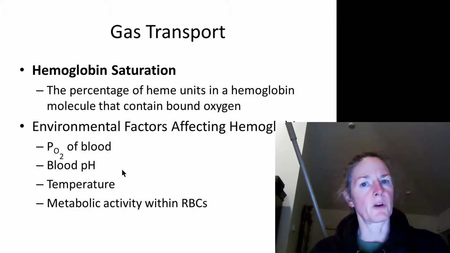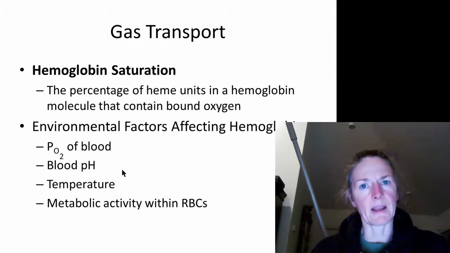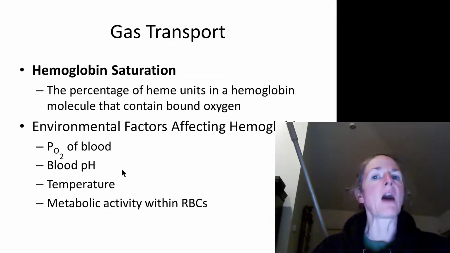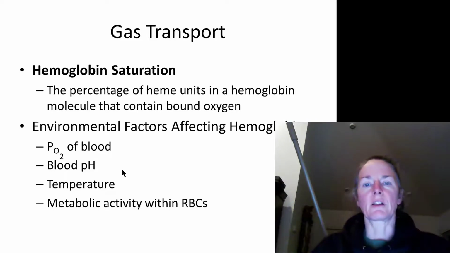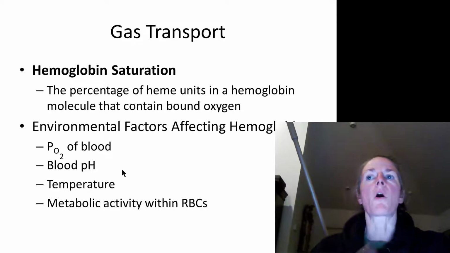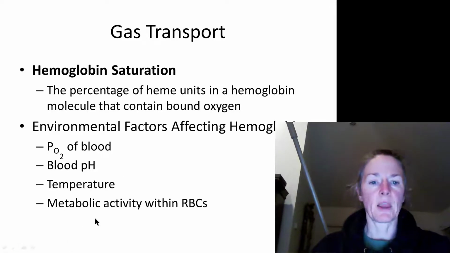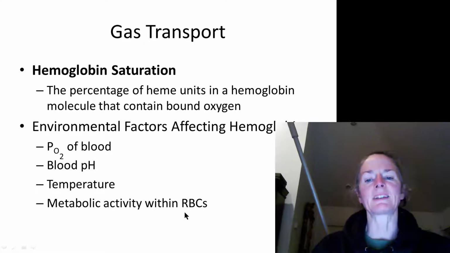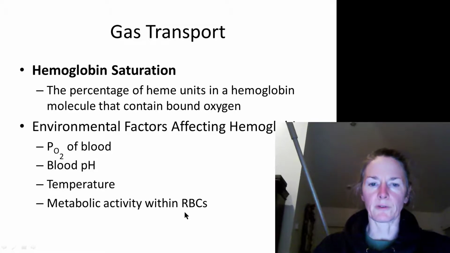So they're going to be producing carbon dioxide, creating carbonic acid, lactic acid. So our pH will lower where there's acid, and so that will be where we're having a lot of tissue metabolism. And so we're going to need more oxygen, obviously, to perfuse those tissues that are doing high rates of metabolism. Temperature will also change the affinity of hemoglobin for oxygen, as will metabolic activity within the red blood cells themselves.